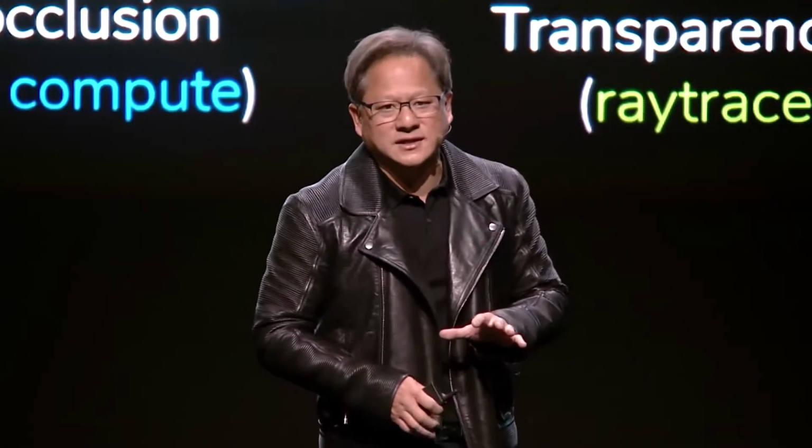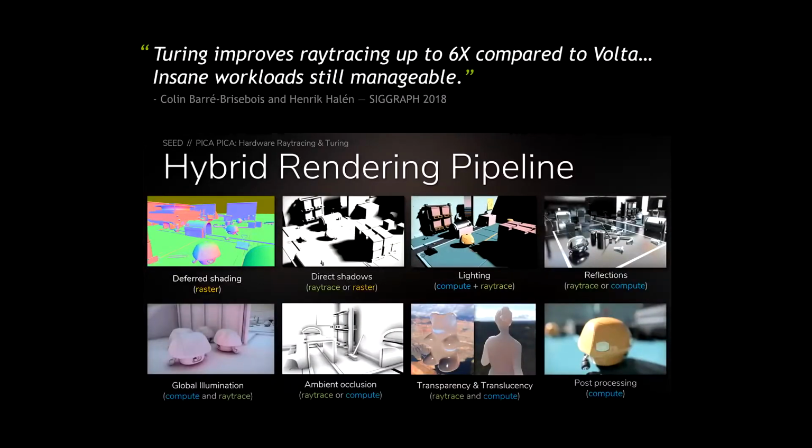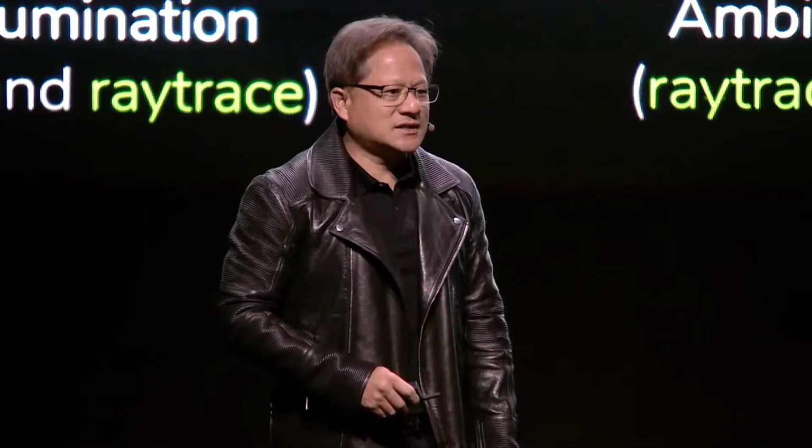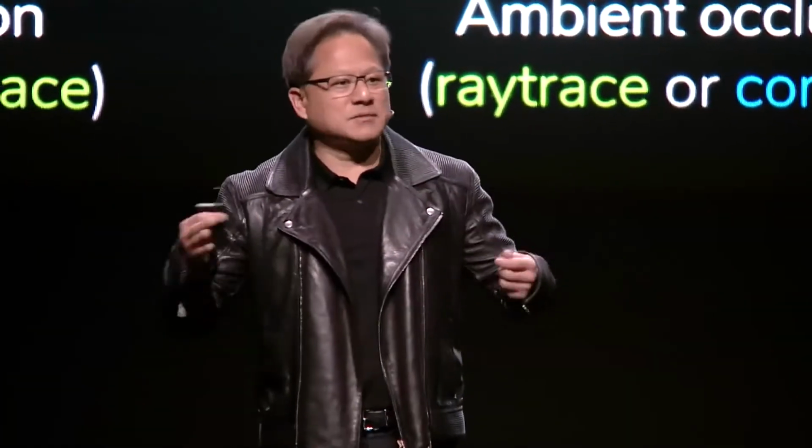Translucency and transparency are just incredibly hard to do with rasterization because the concept of depth is very difficult to discern. And post-processing. As you could see, for each one of these operations, we're using different parts of the chip exactly as I described earlier. The effective computational capability: 6 times Volta, 6 times Nvidia V100. And so that kind of puts it in perspective.